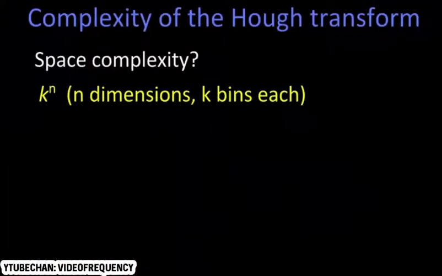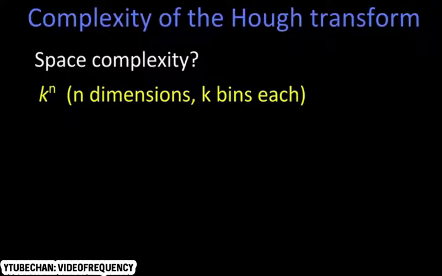Well, forgetting the image for a moment, the bottom line is I need k to the n bins, all right? So if I have k bins in each dimension, it's k to the n is the number of bins. So we were doing this in 2 dimensions, so it would be k squared. So if I have about 100, it's about 10,000 maybe.